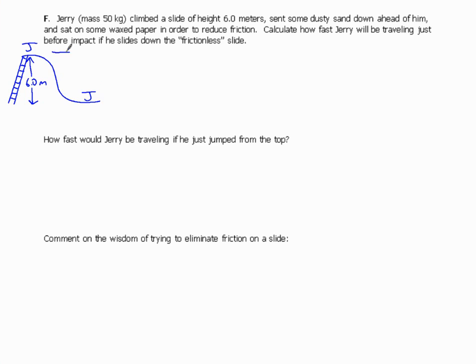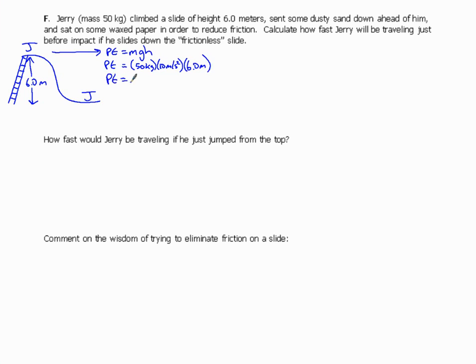So at the top, we can calculate Jerry's potential energy, mass times the acceleration of gravity times the height. We know Jerry's mass. We're going to use 10 meters per second squared for gravity acceleration, and the height, 6.0 meters.